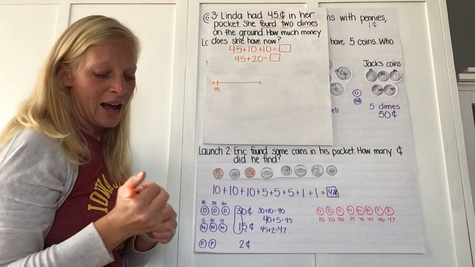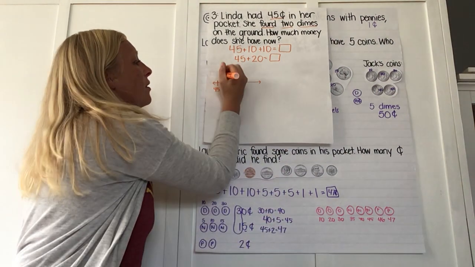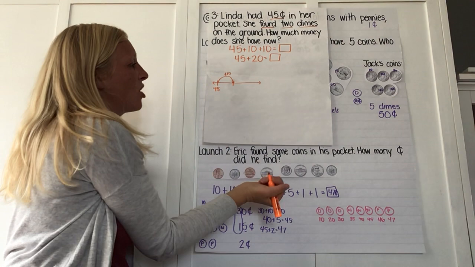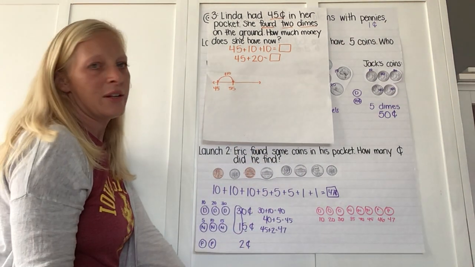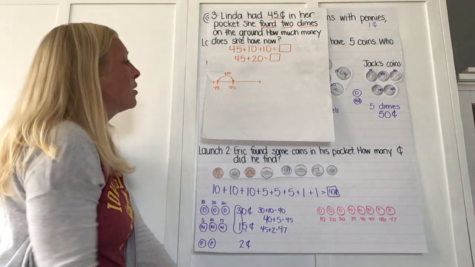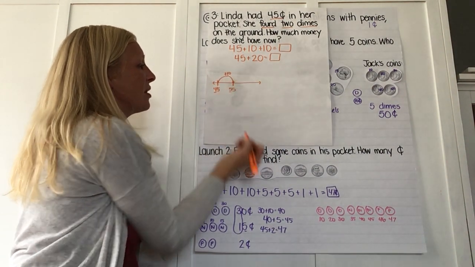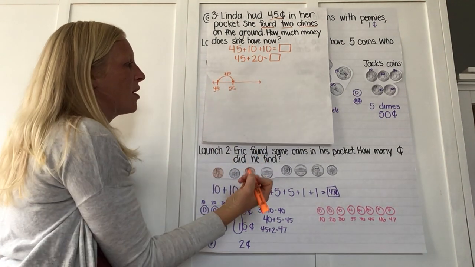What did you do after you were using a number line to help you solve this? You made a jump of 10. And where did you land when you made that jump of 10? 55. And why 55? Because you're adding a 10, so your 10's place is changing. So you have 4 10s and you add a 10, so you have 5 10s.